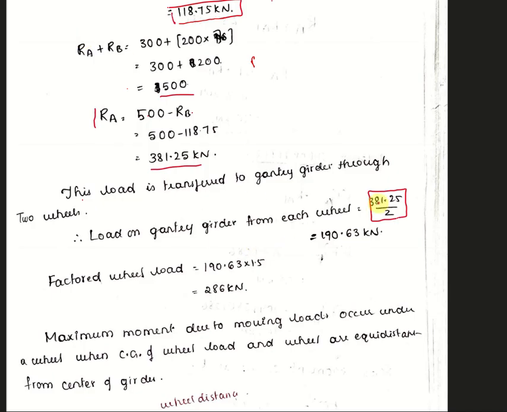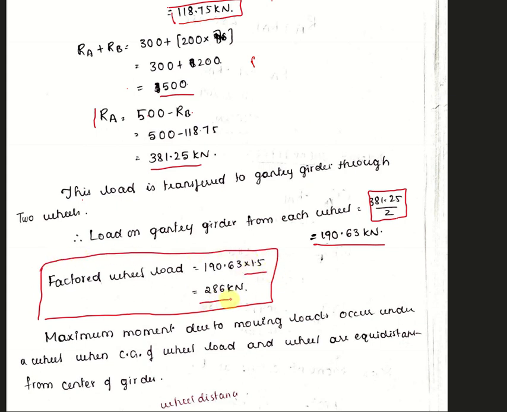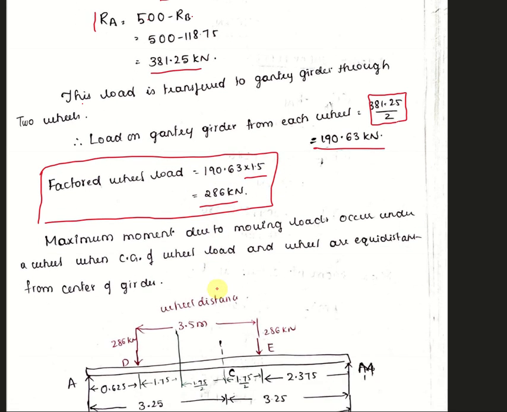We are sharing them equally. So whatever load we got at the support will be shared by the two wheels. That is 381.25 by 2. We will be getting it as 90.63 kilonewton. So that is the load we have to consider. But we have to consider the factored load, which is multiplied by 1.5. That will give you 286 kilonewton.